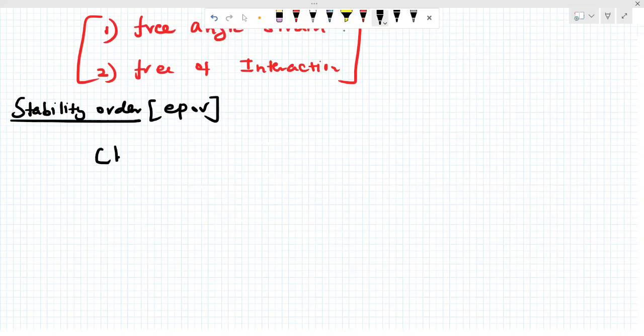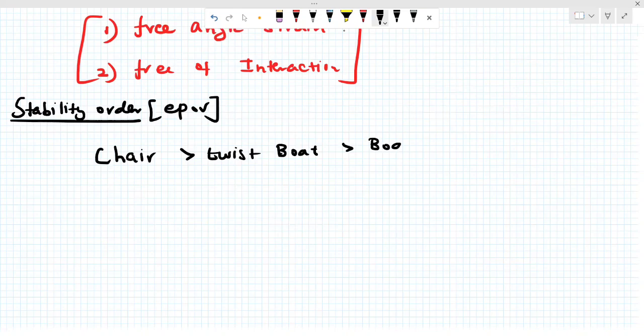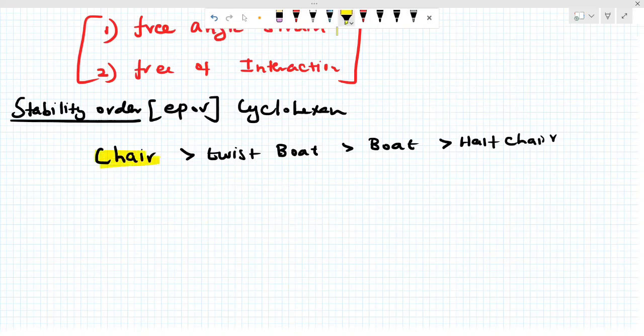Chair form is the most stable, then twist boat, next boat form, and finally half chair. So I said the stability order of cyclohexane: the chair form is the most stable, and the half chair is the least stable.